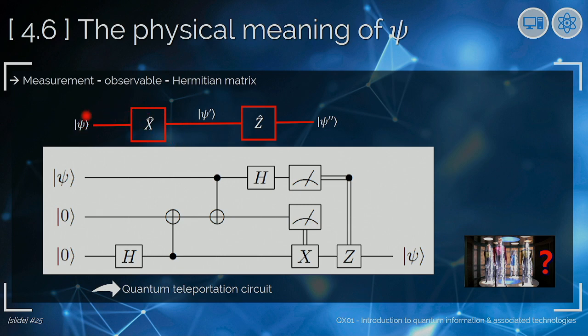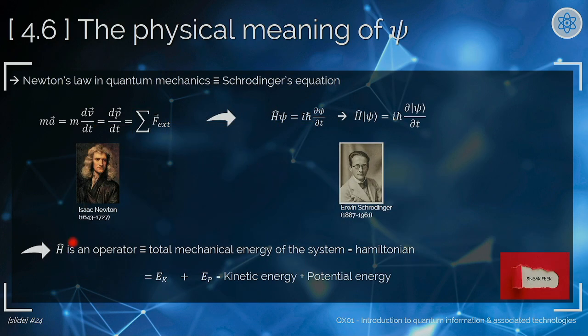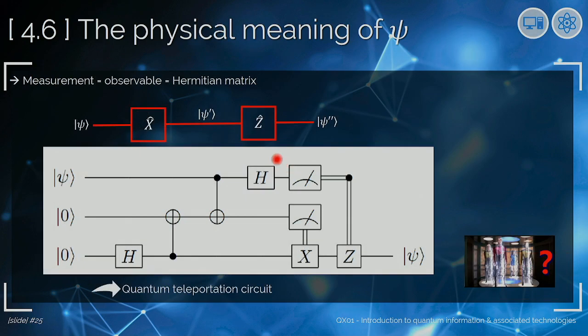So I can transform psi into psi prime and psi prime into psi second. But those X and Z and Y and so on are in fact, physically, operators, the same way as this Hamiltonian, that physically transform your system into another system. Or in this case, your qubit into a different qubit.